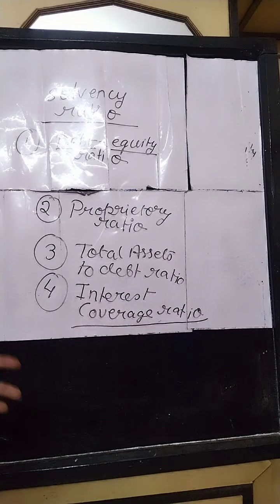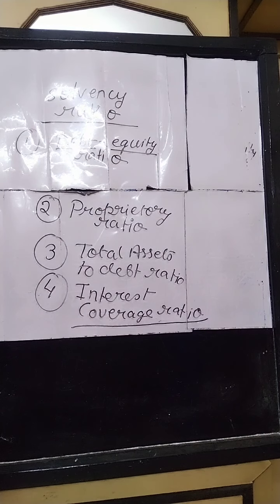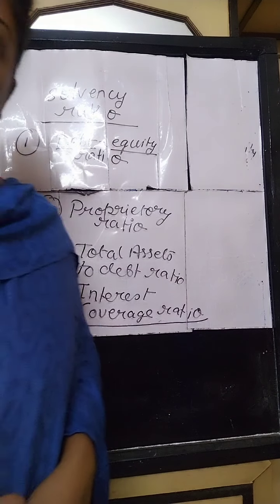So these are the four different types of solvency ratio which measure the solvency of a firm, regarding the capital, the assets, and the proprietor's fund. What is the condition of the shareholders' fund, and what is the condition of the firm regarding the capital contribution?